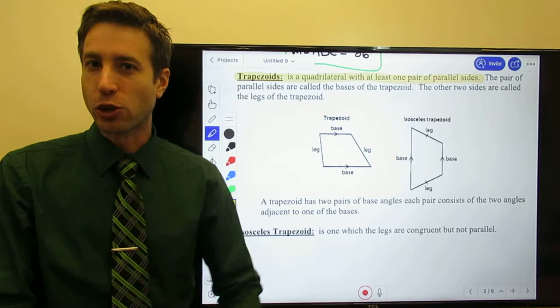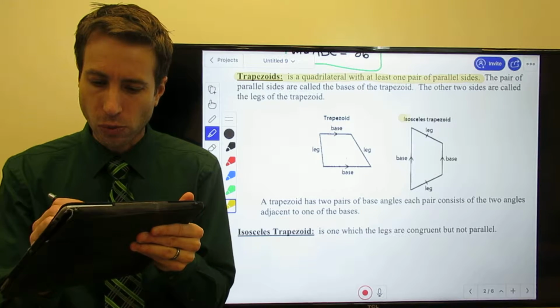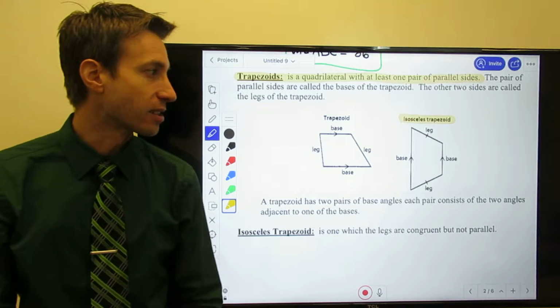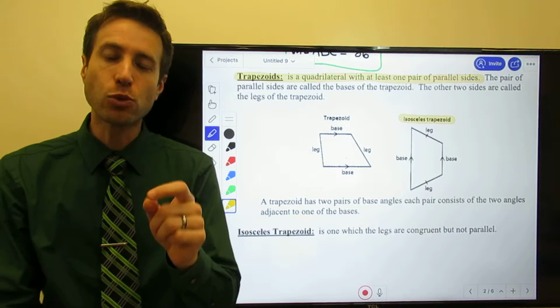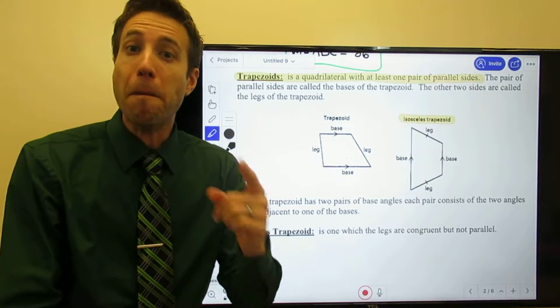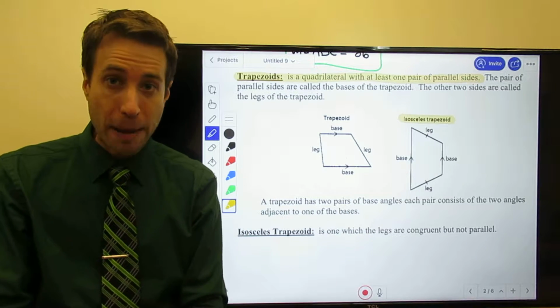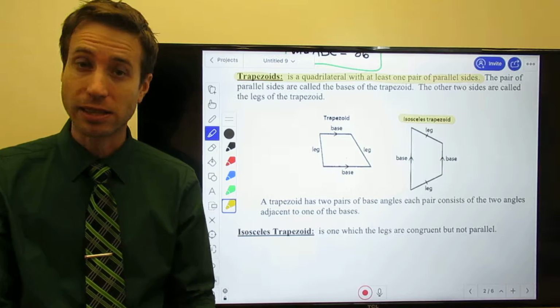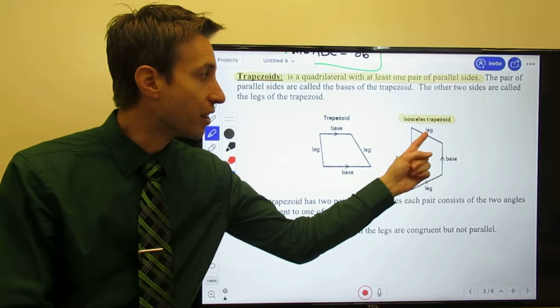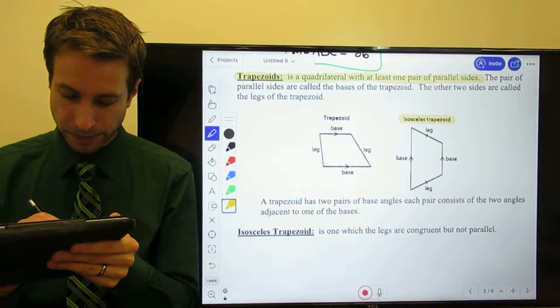The ones we're going to spend time on are these right here, the isosceles trapezoid. And here's why. First, the parallel sides are the bases. But one additional piece of information about an isosceles trapezoid is this: the legs, they're not parallel, but they will be congruent.